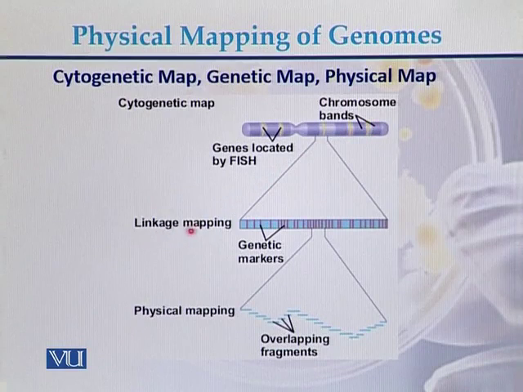Linkage mapping, which is usually performed with the help of genetic markers, also does not show the exact location of the genes. Physical mapping is performed by sequencing the genomes. So by sequencing the genomes, we can know the exact location of the genes on the chromosomes.